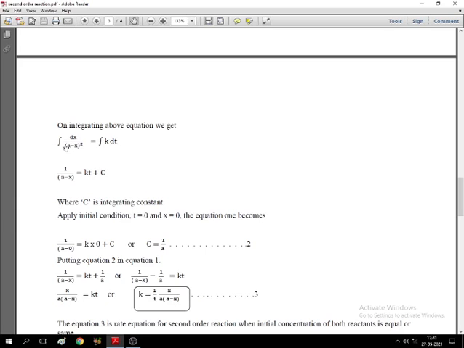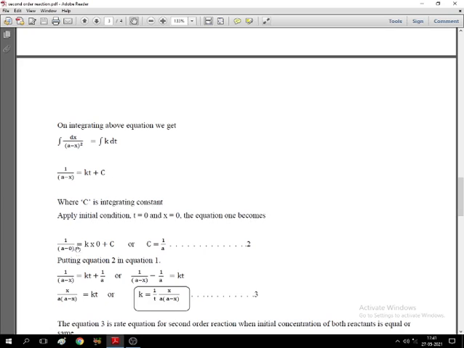If we solve this integration, we will get 1 upon A minus X is equal to K into T plus C, where C is an integrating constant. Now, to find out the value of C, apply the initial condition, that is T is equal to 0, X is equal to 0. This is equation number 1.